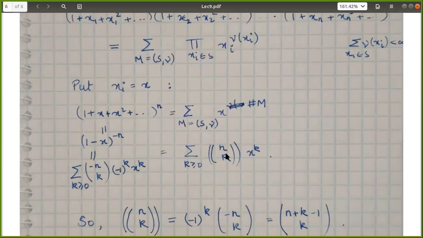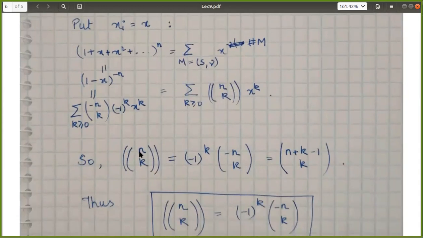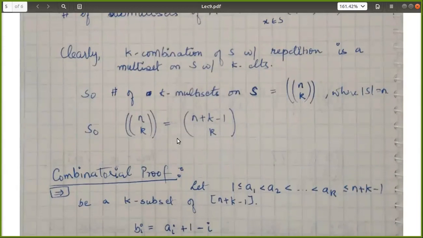Okay. Now, if I compare component-wise here for the powers of x, what it tells me is that n multi-choose k, which is this, is nothing but minus 1 raised to k times minus n choose k. But I knew that n multi-choose k was n plus k minus 1 choose k from this slide here.